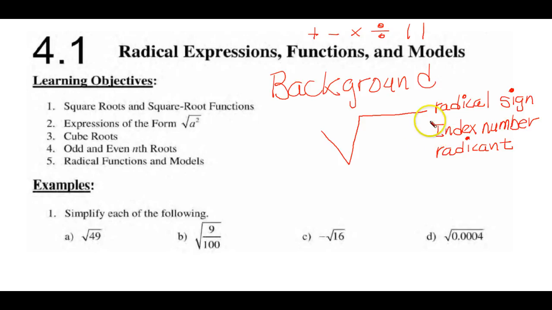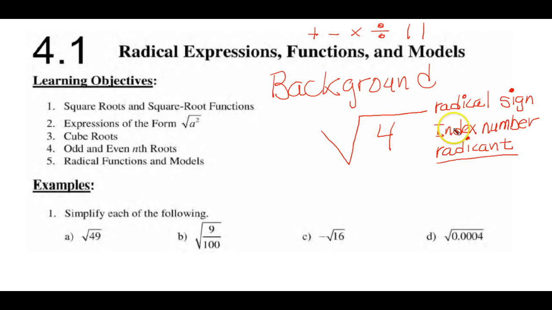Now, the number that is under it, let's say it's 4. This 4, or what is under the radical sign, is called the radicand. So a useful word, we'll be using it from time to time in this module.